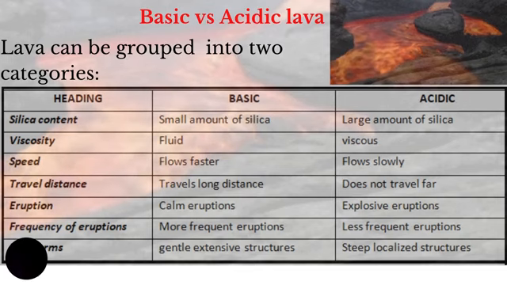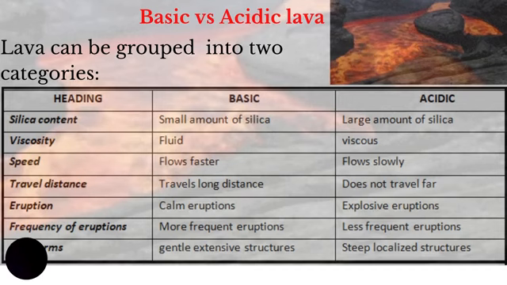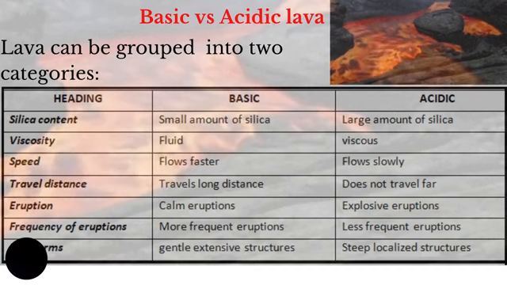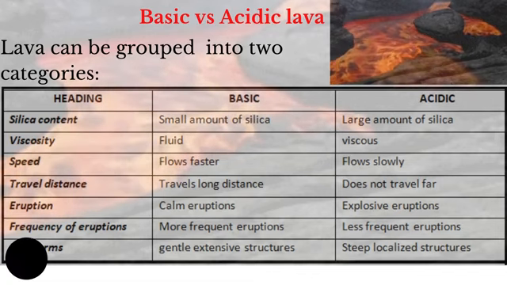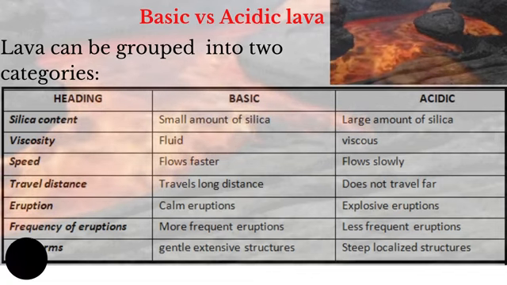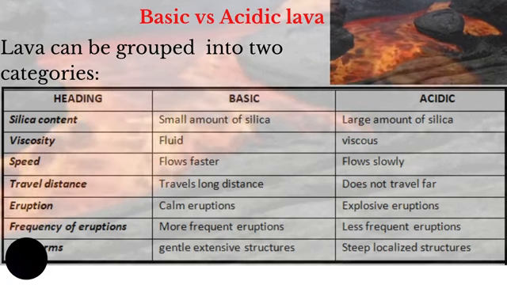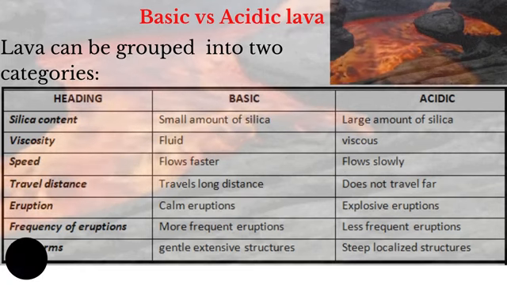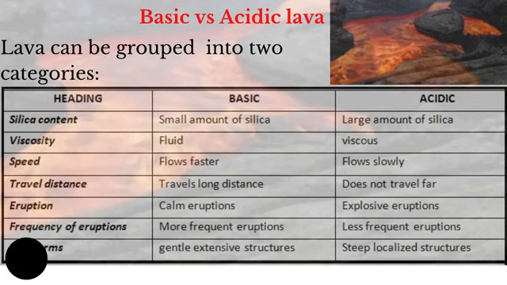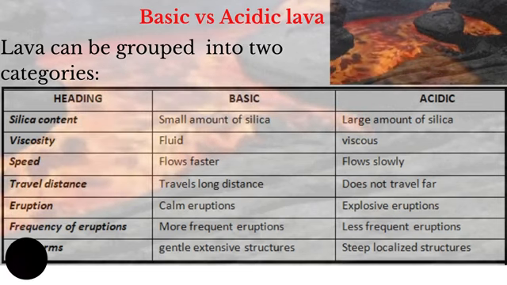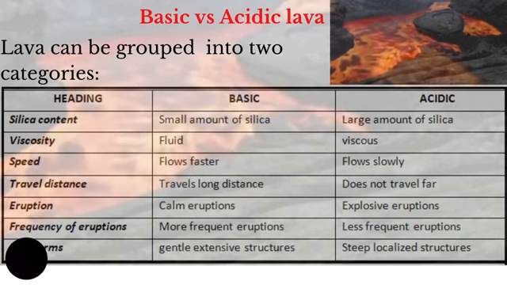Basic lava is produced from calm or effusive eruptions. Acidic lava is formed from explosive eruptions. The eruptions associated with basic lava occur more frequently than the eruptions that are associated with acidic lava.